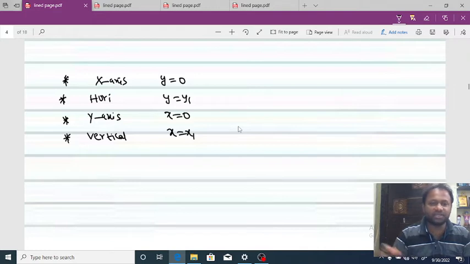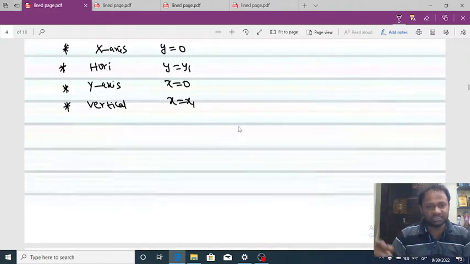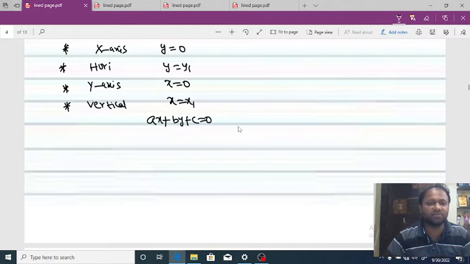Next, what is the general form of the straight line? ax plus by plus c is equal to 0. This is the general form of the straight line. Next, y minus y1 is equal to m into x minus x1.